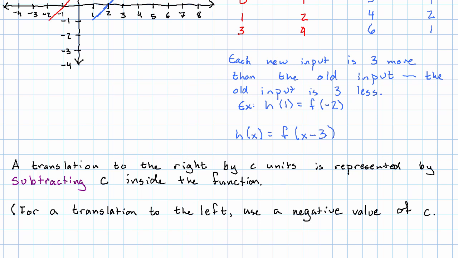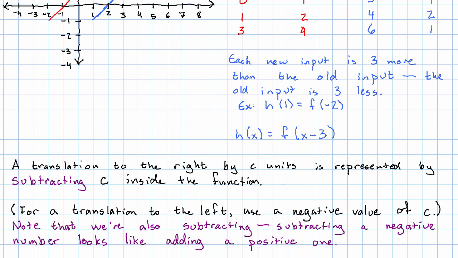But notice that we're also subtracting. When we subtract a negative number, that looks like adding a positive number. So we'll see something that looks like addition, and we have to remember that that is actually subtracting a negative. For that reason, there are two different ways we might describe this in notation, and you can remember whichever one is simpler for you.